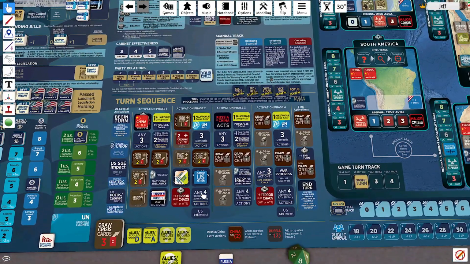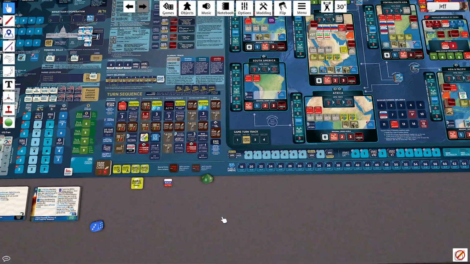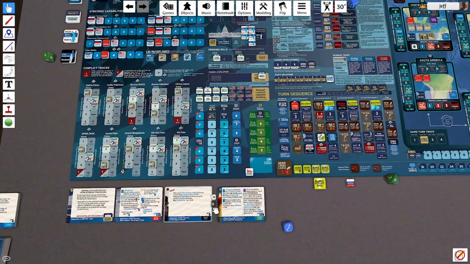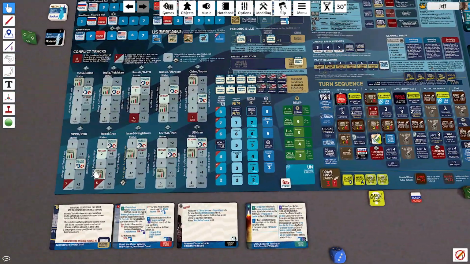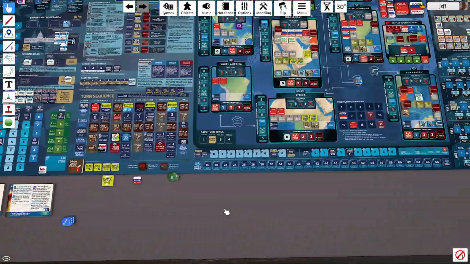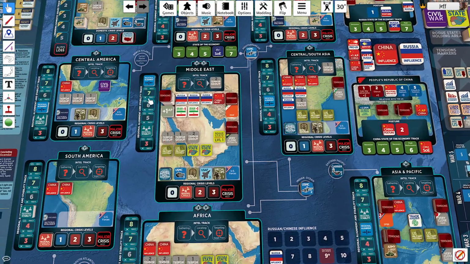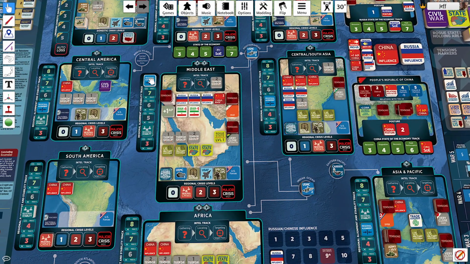Alright, now we got any 4 diplomatic or military actions. And man, oh man, I had a whole bunch I wanted to do here. So I am concerned about this, but I'm going to leave it be for now. We need to get rid of influence counters. We have regional alignment up to 8.